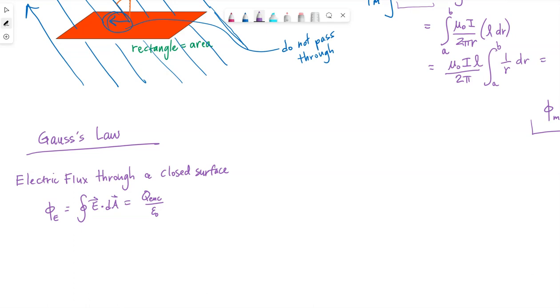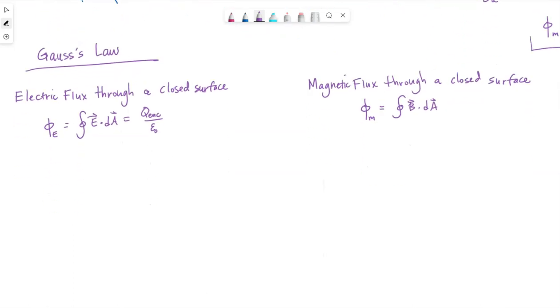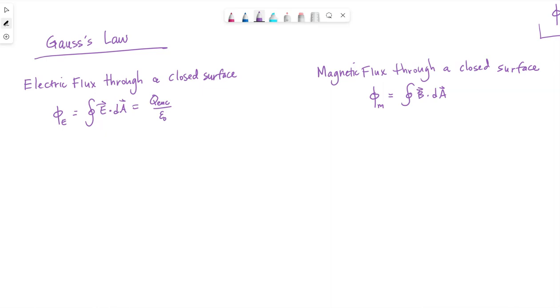If we want to talk about the magnetic flux through a closed surface, this is still considered Gauss's law, but Gauss's law for magnetism. We would put a circle on the integral, meaning the same thing. Okay, let's think this through for just a second.